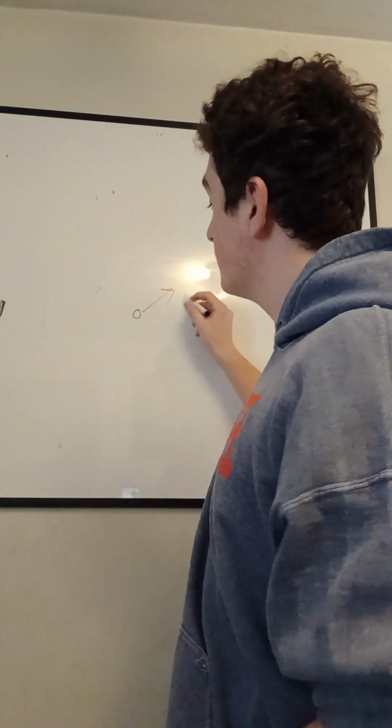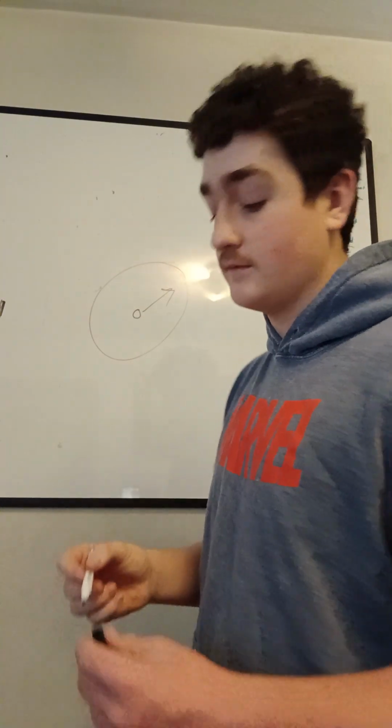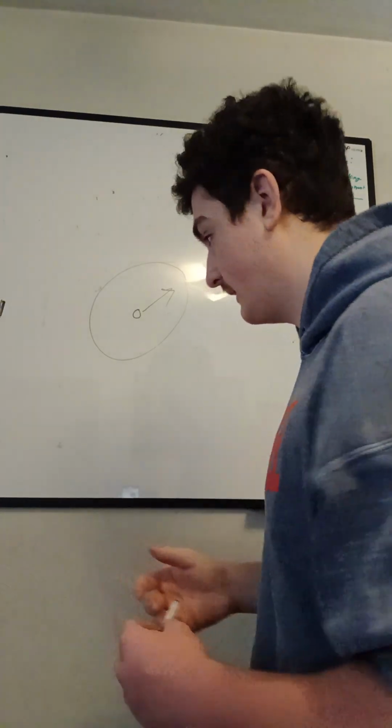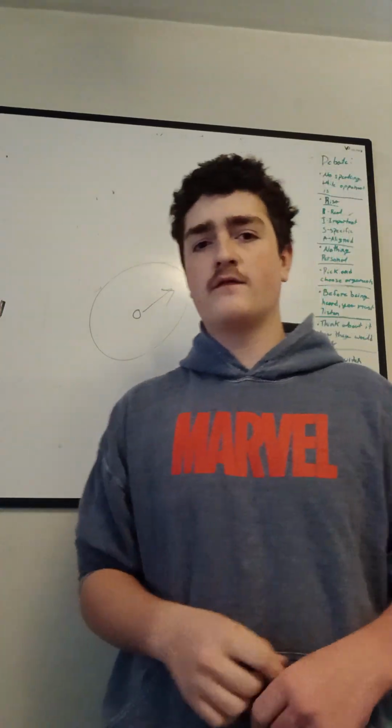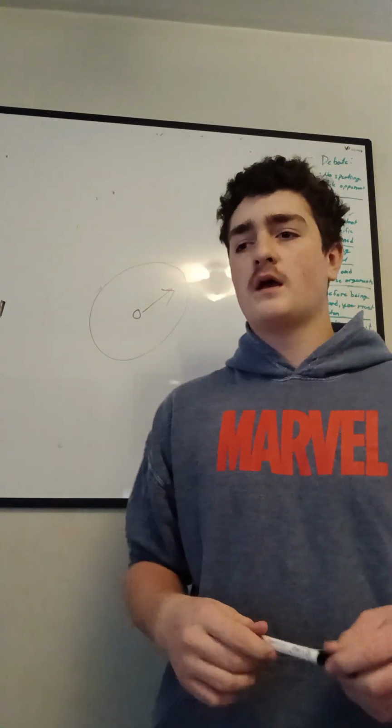Now, what happens when this expands? It'll get massive, way bigger than it is now, right? Whenever our sun goes through this phase, it's like 5 billion years from now or something, I think.